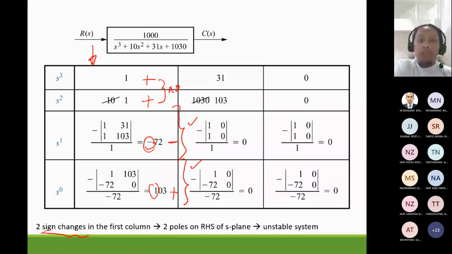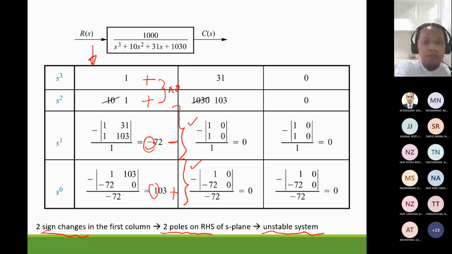So there are two sign changes that you can determine. Because there are two sign changes in the first column, that means you have two poles on the right hand side of the S-plane, and because you have poles on the right hand side, the system is unstable.